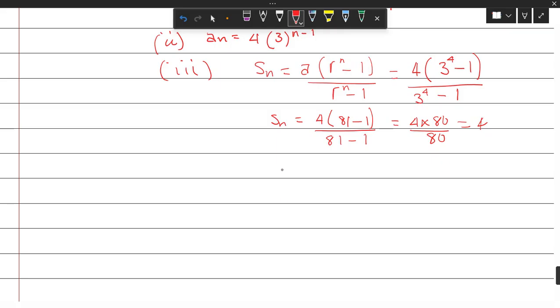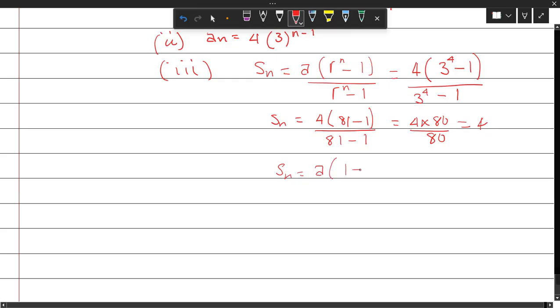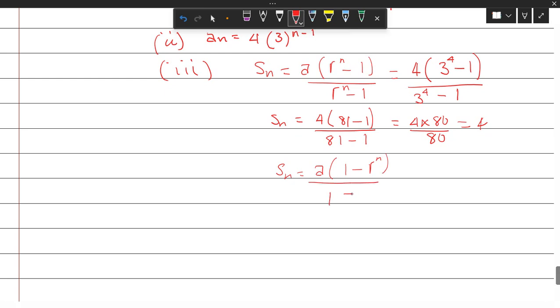So if for example you are lost, you can use the other formula, where r is less than 1. So you say Sn equals a, times 1 minus r to the power n, over 1 minus r.